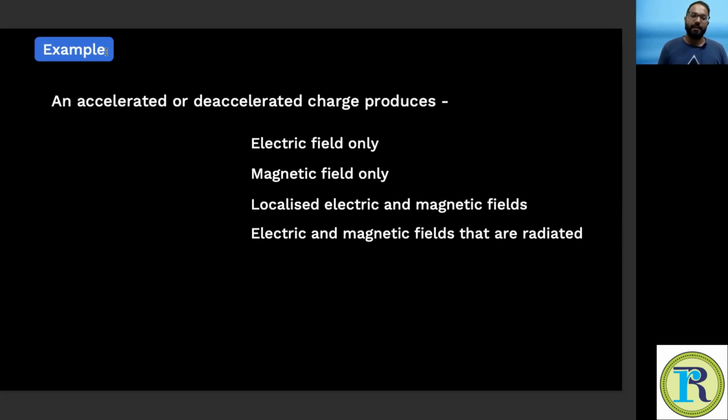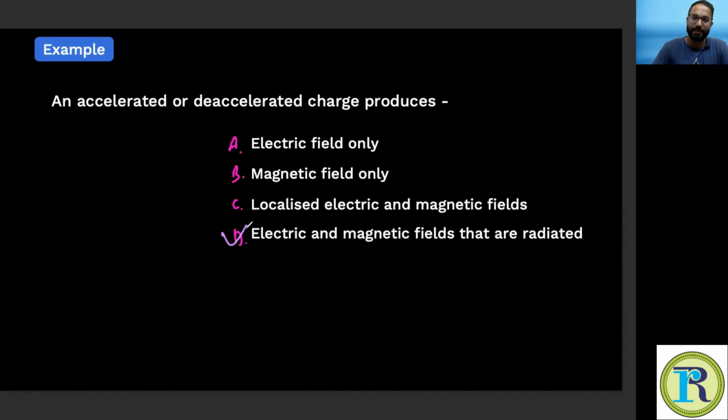The question is: an accelerated or decelerated charge produces, options A, B, C, and D. I think most of you remember the third property of electric charge: when an electric charge is moving with acceleration or deceleration, it will produce an electric field, a magnetic field, and it will radiate energy also.